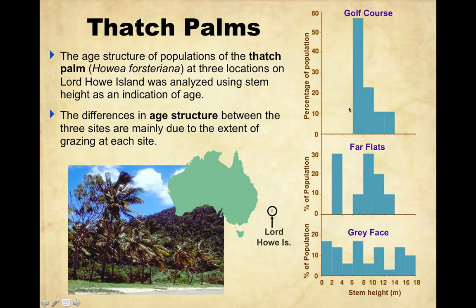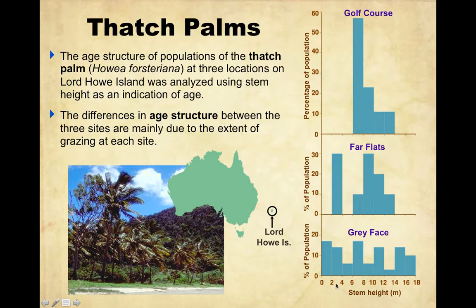So over here, this is a golf course, and so there's no grazing, right? The percentage of population is based on stem height. You have a lot of middle-sized stems and a decent amount of older stems, or older plants. The far flats, you have a high amount of grazing over there.